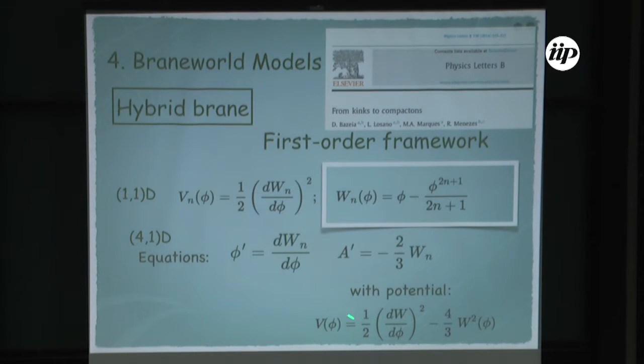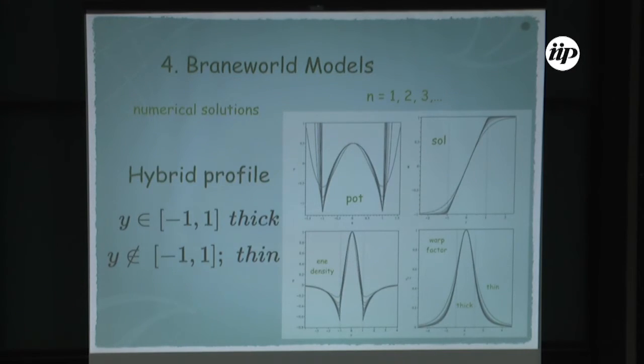We cannot solve this analytically, but you can solve it numerically. Using this potential, you have the solutions. We study this numerical solution. This is the potential, and the potential goes like this in the gravity scenario. The kink is the same thing, because the kink solves the first order.